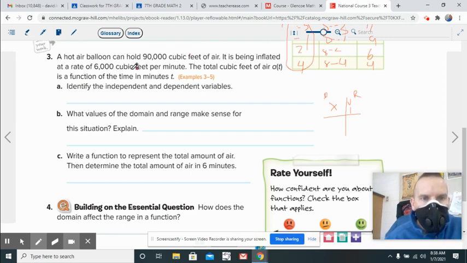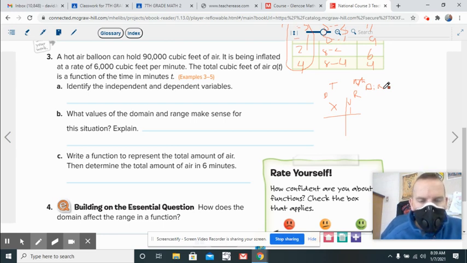If we had to graph this too, time is my independent variable, that's my x. And how much air goes into it is my range.